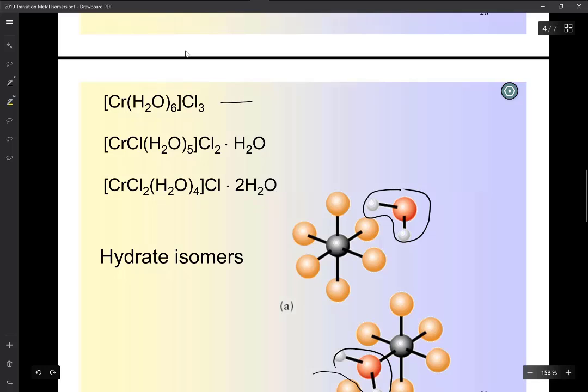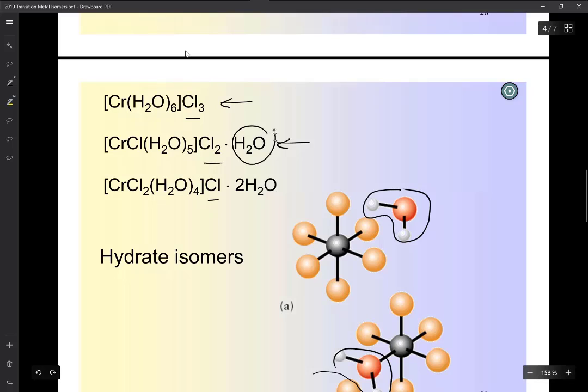If you'll notice, this compound has 6 waters and 3 chlorides in it. Whereas this compound also has 6 waters and 3 chlorides, so they all represent different compounds with varying amounts of chloride free to dissolve into the solution when that compound dissolves.